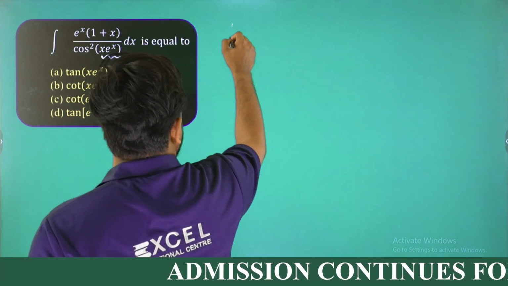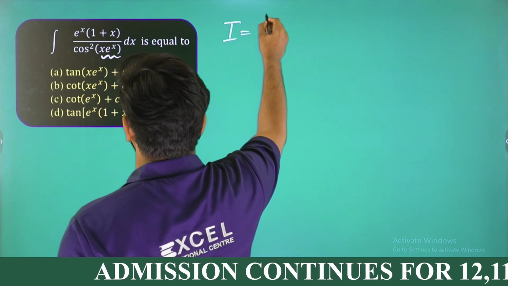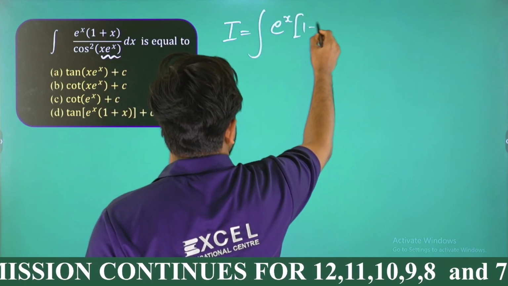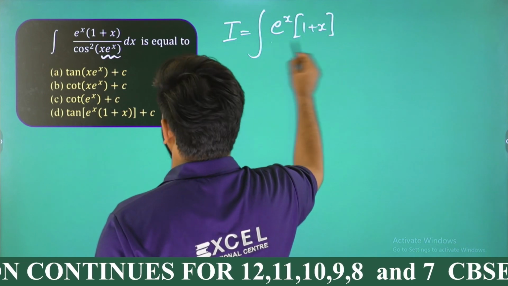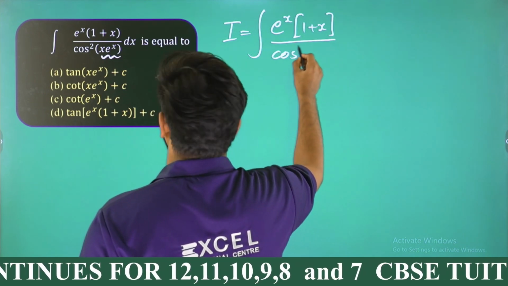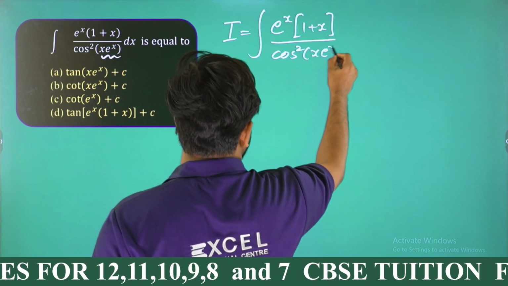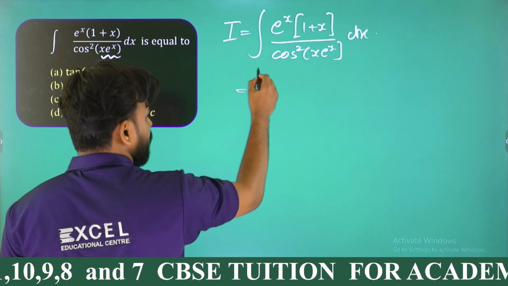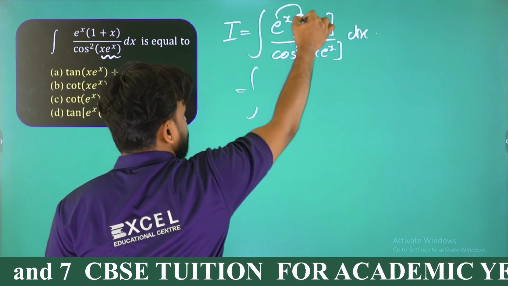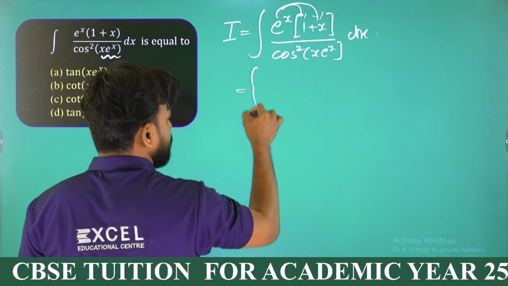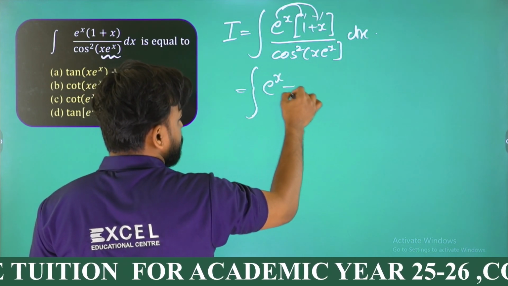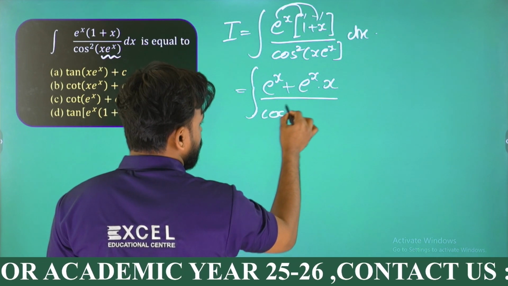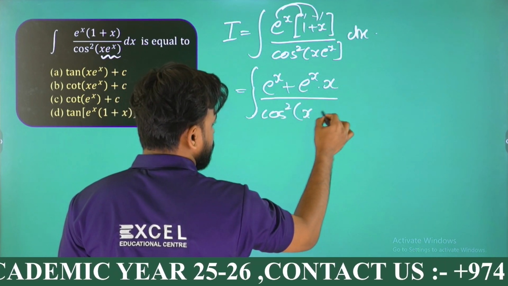So we have to integrate I is equal to integral e raised to x into 1 plus x, all divided by cos square of x e raised to x, dx. Listen, let me open this bracket. So what will I get? e raised to x plus e raised to x into x, all divided by cos square of x into e raised to x, dx.